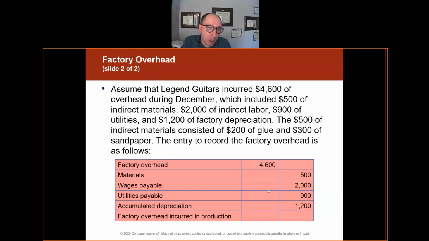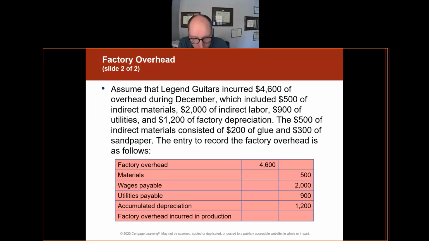So we need to allocate some portion of our factory overhead to the respective jobs. There's a couple of methods of doing it, but this is one method I want to show you here. To allocate factory overhead, we debit factory overhead and we credit the indirect components.